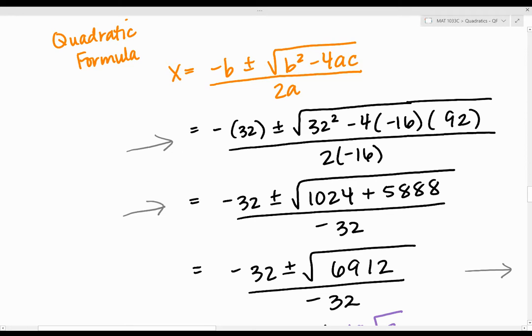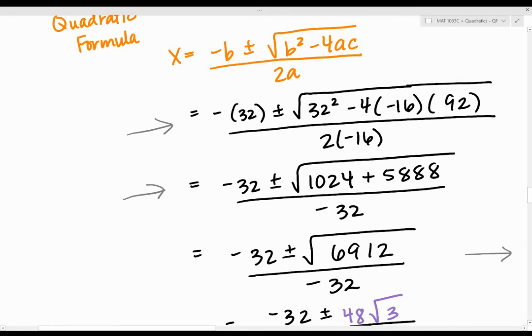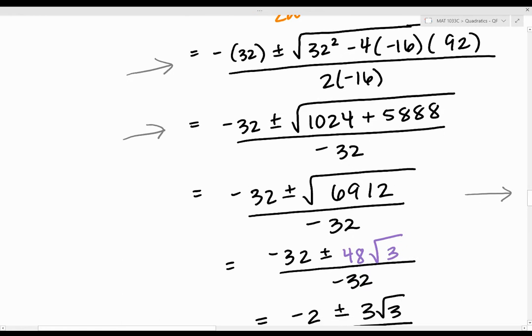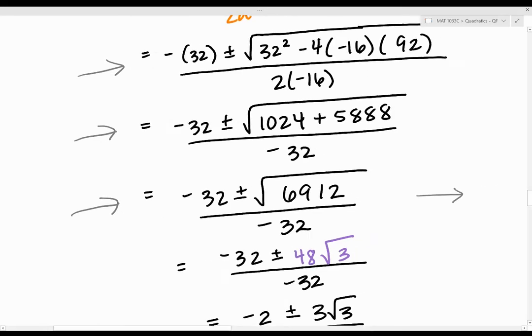We did 32 squared, which was 1,024, and then we did negative 4 times negative 16 times 92, which was 5,888. We combine the numbers that are underneath the radical, and we get 6,912. Now, the number underneath that radical is very large, so we're going to try to break that down.